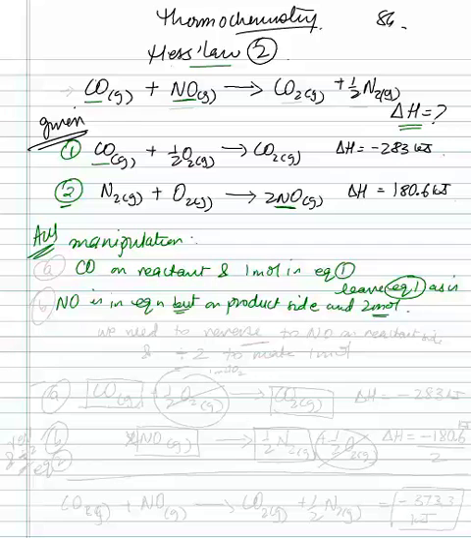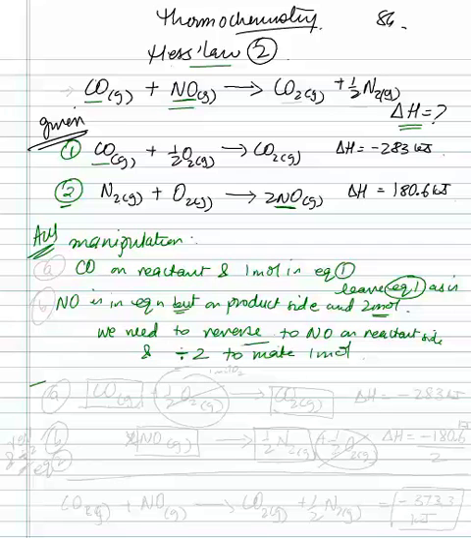Which means that we need to reverse the equation so that we get it on the reactant side, because nitrogen monoxide is on the reactant side. So reverse to get NO on reactant side and divide by 2, to make 1 mole. Those are our 2 strategies that we need for the 2 equations that are given to us.